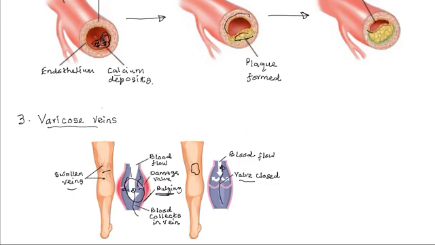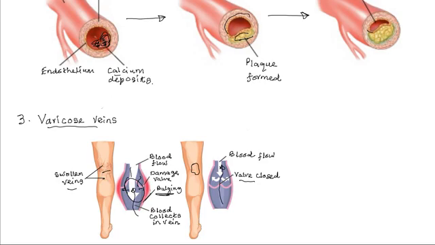When somebody stands for a long period of time with the legs below the body and the blood has to be moved up against gravity for long periods of time, this can lead to damage of the semilunar valve.